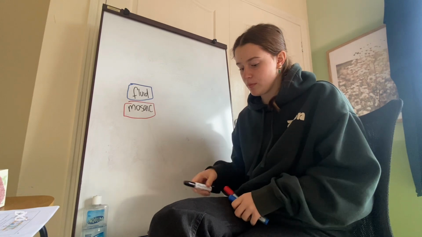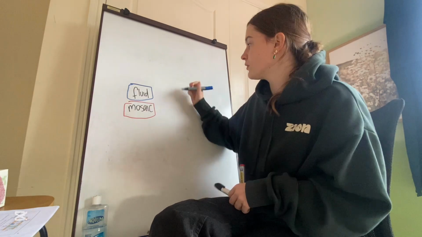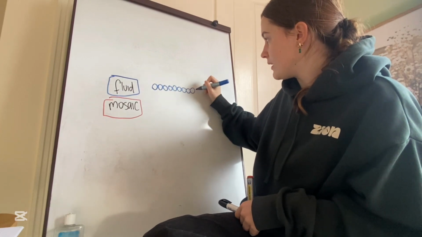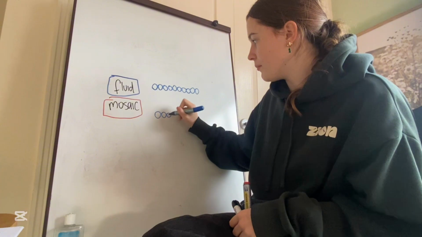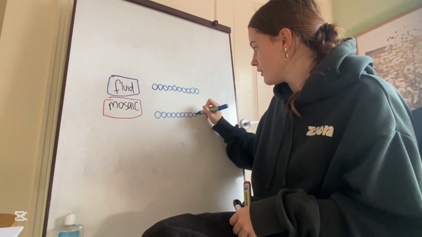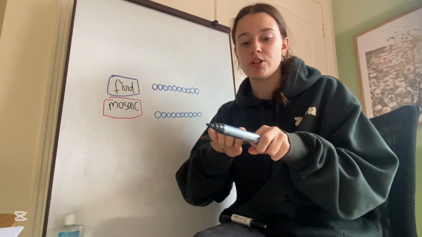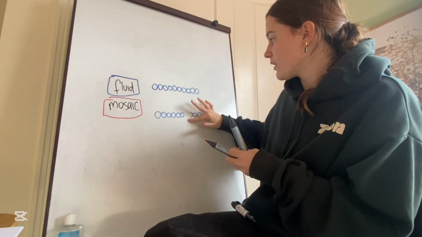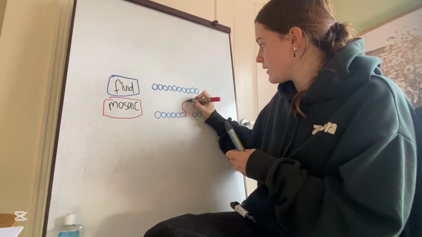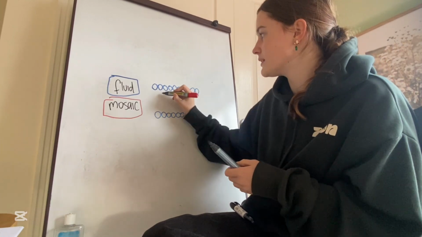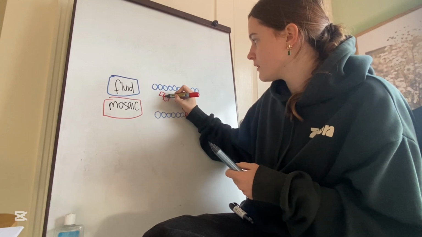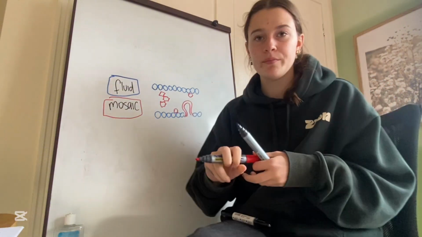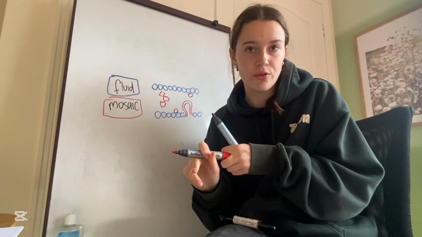So I'll talk a bit more about this, but basically the fluid bit is these molecules here that create a phospholipid bilayer, which I'll talk about in just a second. Don't stress. And the mosaic bit is kind of all the stuff that's embedded into it. It's the sugars and the other molecules and that and that and that. It makes a mosaic. That's why it's called that.